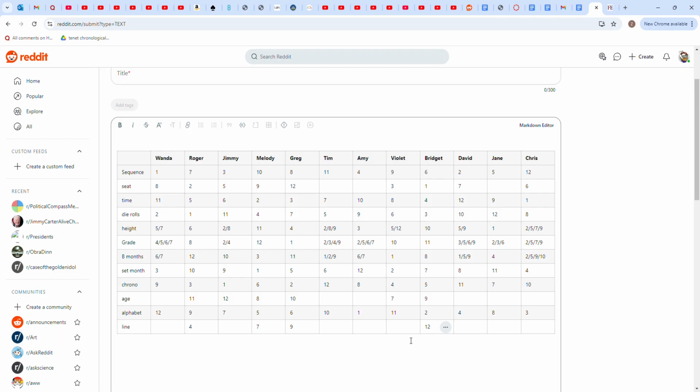Okay, so from here, what can we do? Well, we can say that Violet has a 5 and a 12 in this particular cell, but we know that it isn't a 12. So that means Violet is 5th in line, making sense. She would be after Roger, who is 4th.